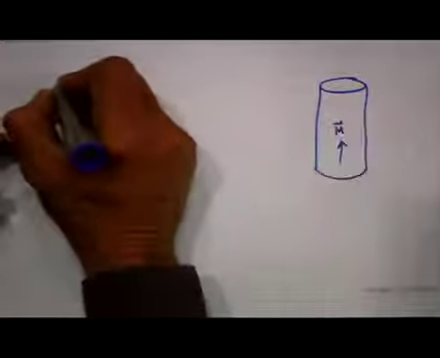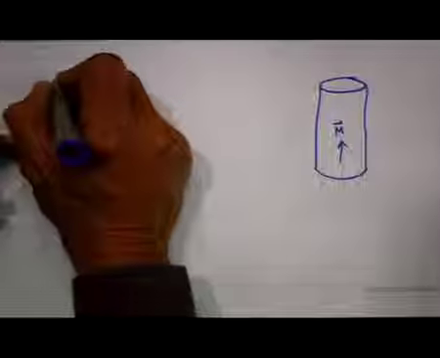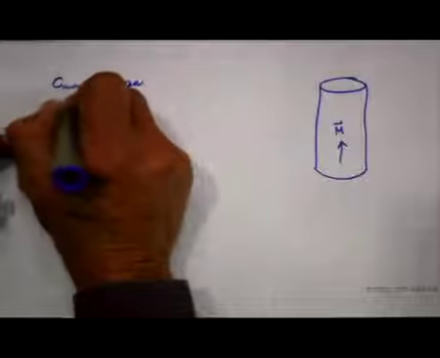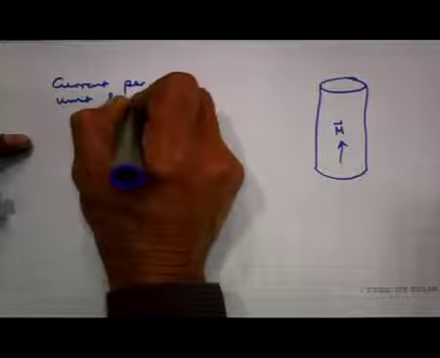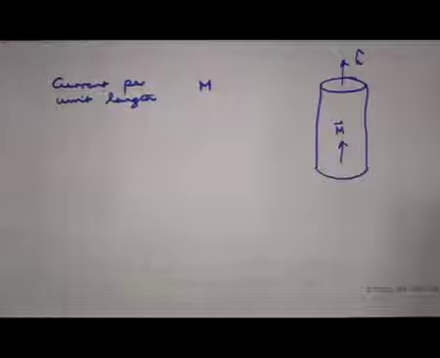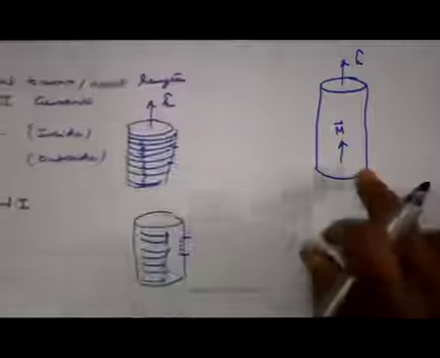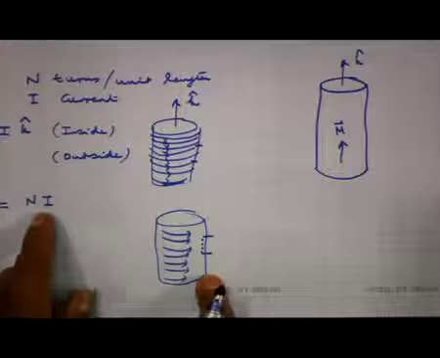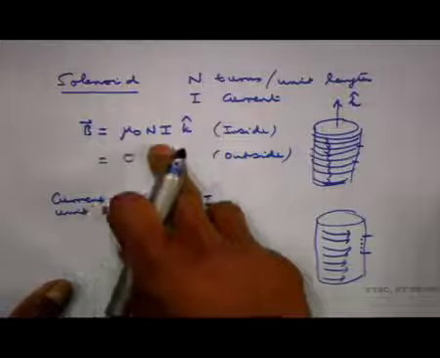This magnetized sample is equivalent to a current per unit length of M. So, comparing with a solenoid, this is very similar to a solenoid. In a solenoid, I had a current per unit length of n I, produce a magnetic field which is mu naught times n I into k cap.